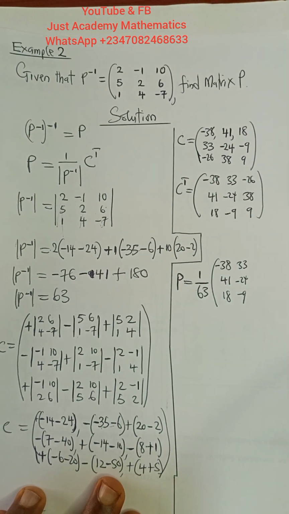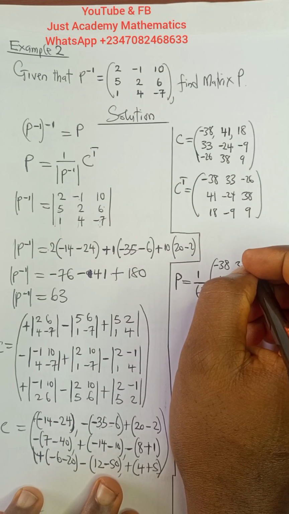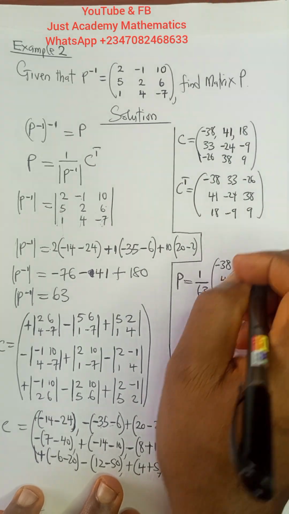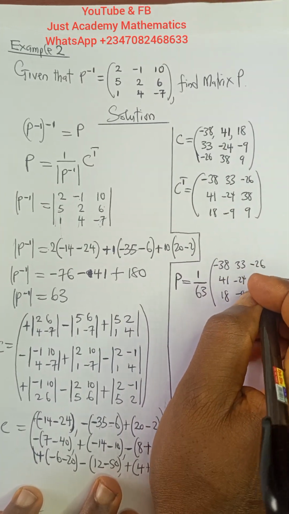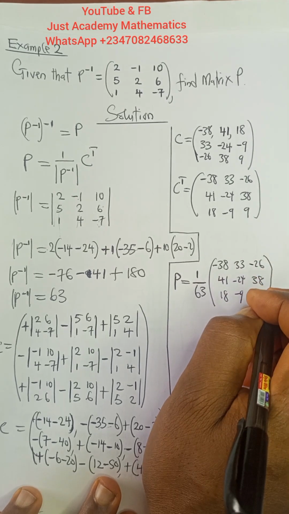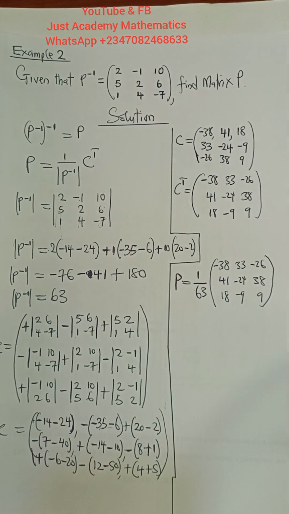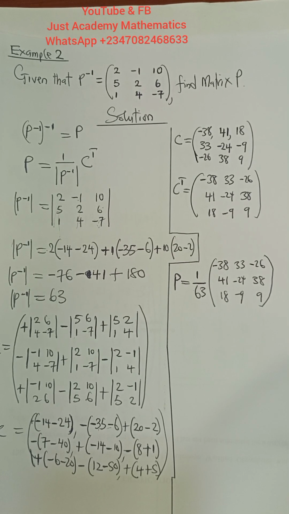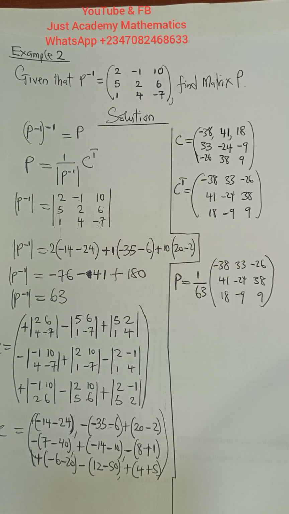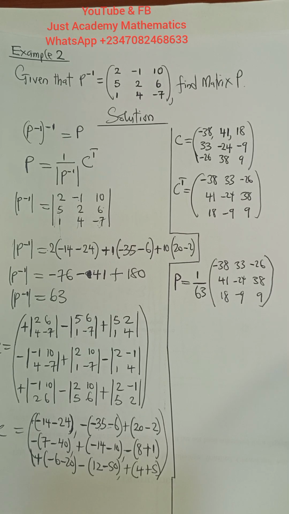And then we have 20, minus 26, 38, and what? 9. That is actually the answer. We can stop there, but we can as well decide to put the values inside. Are you getting it? But if you stop here, it's okay. If you put the value inside and reduce the value, it's still okay.